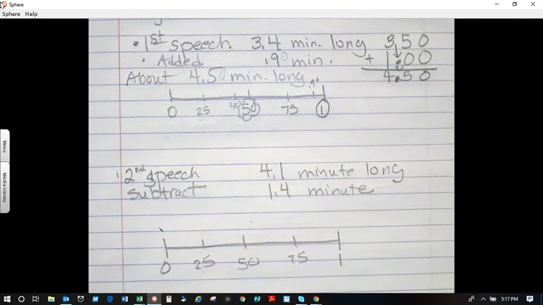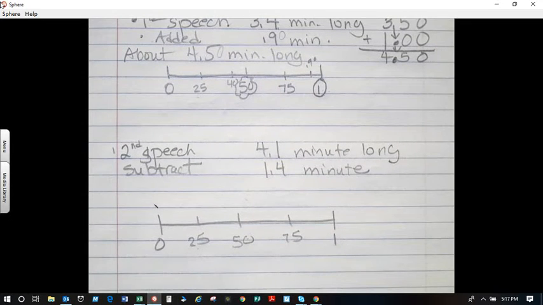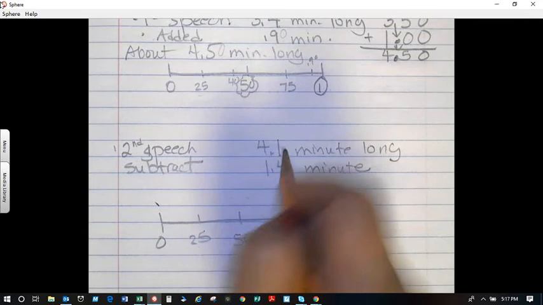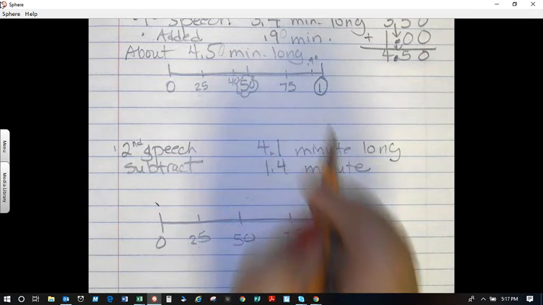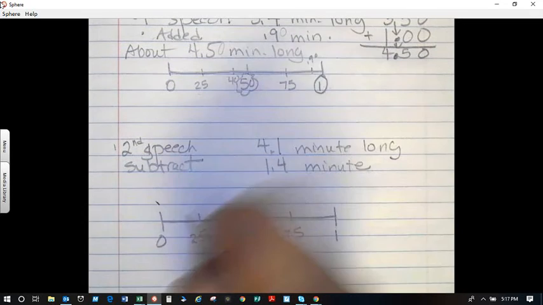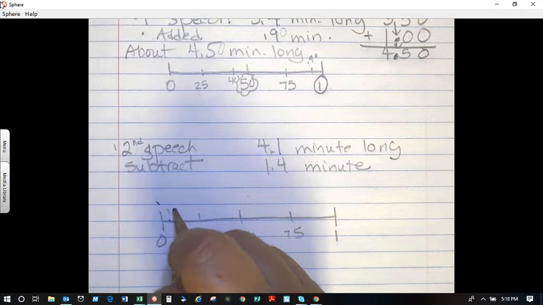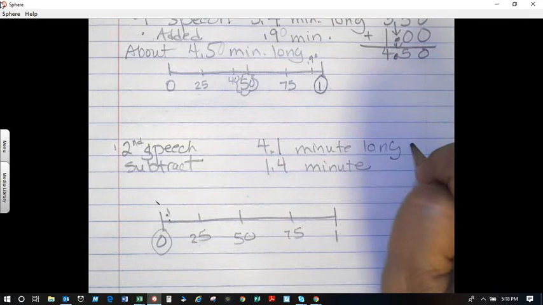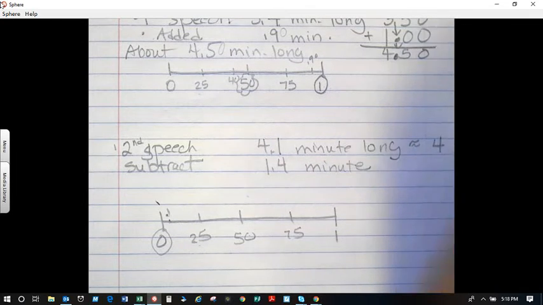So just want to make sure that I'm going to bring that in so that we become more familiar with it. My 4 1/10. This 1/10 is then closest to what? Yeah, it's going to be closest to the 0. So this is going to be about 4.